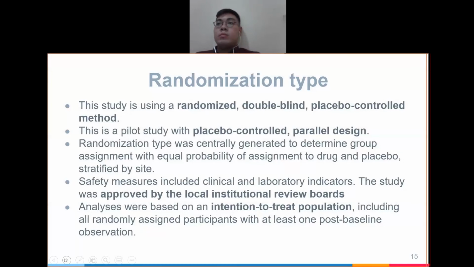Okay, I'm Mulia. This is about randomization type. The researcher and study subjects don't know who got the experimental treatment and who got the placebo. The study is using a randomized double-blind placebo-controlled method. This is a pilot study with placebo control parallel design.